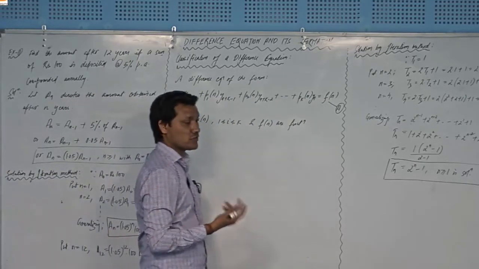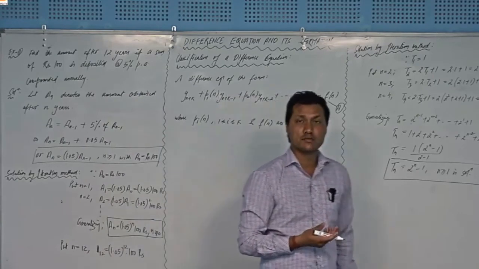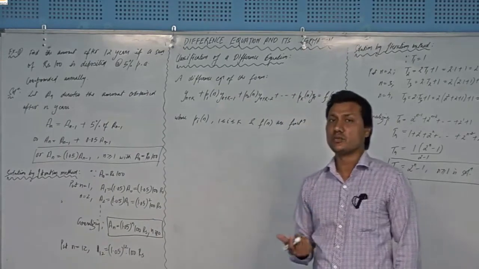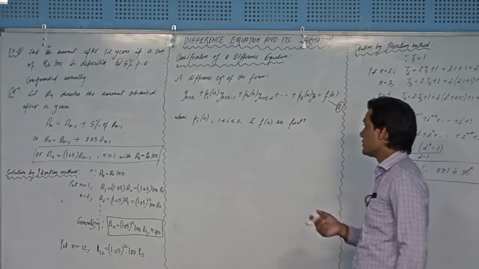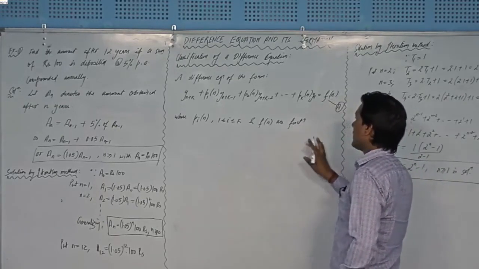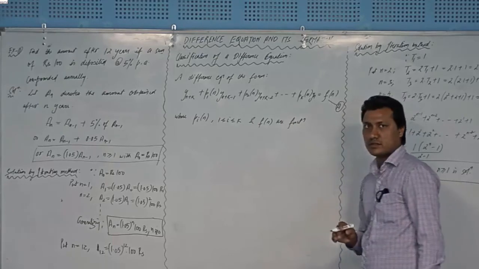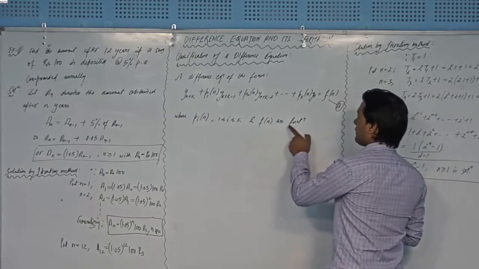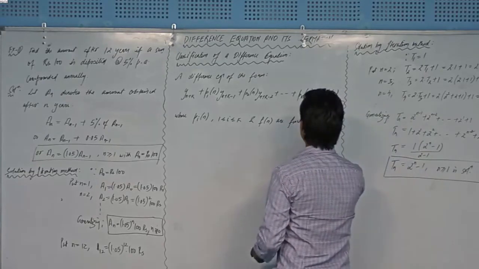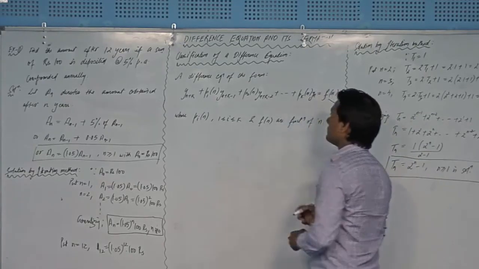Because a function can be a real variable function, but here we have a discrete numeric function whose domain is just the set of non-negative integers. So by function I mean discrete numeric functions. Continuous functions are not allowed here. These are functions of variable n.